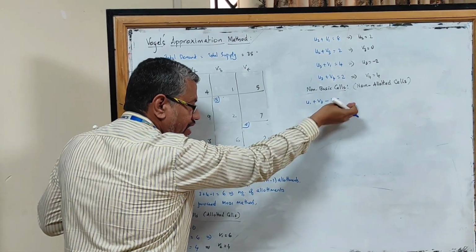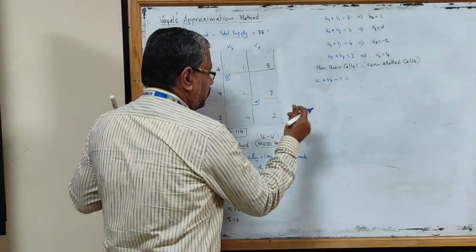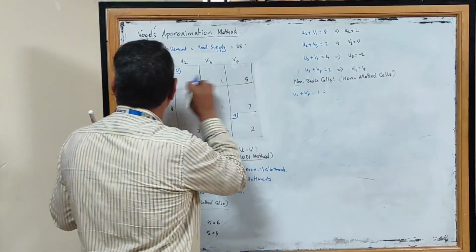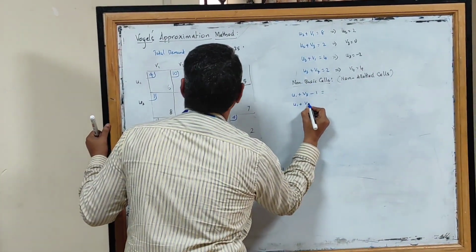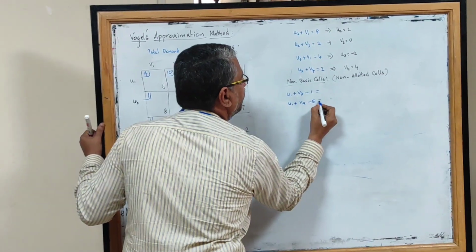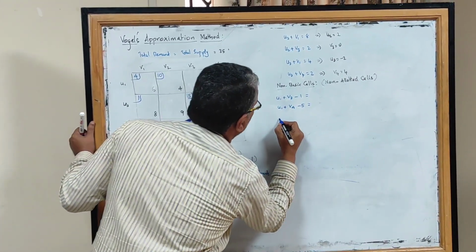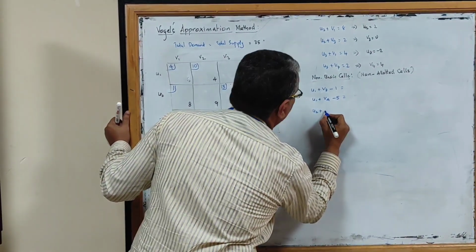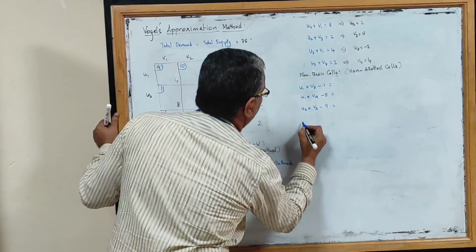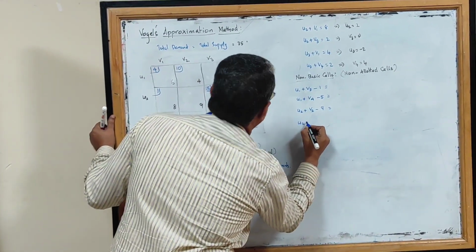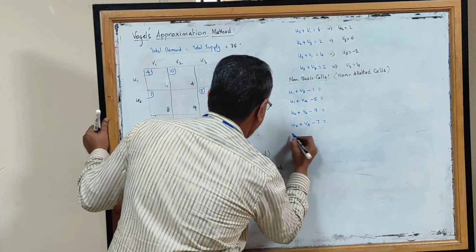Now we are taking the cost into the left hand side in non-basic cells. Nothing new in it, the same. So U1 plus V4 minus 5 equal to, similarly, U2 plus V2 minus 9 equal to U2 plus V4 minus 7.